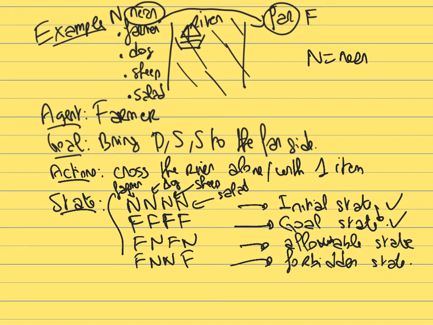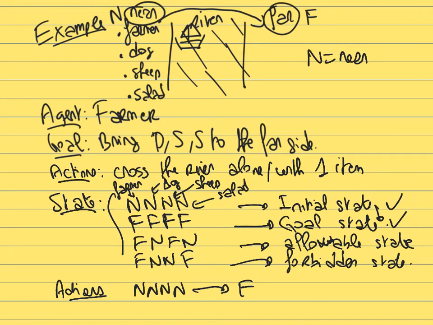And to go from one state to the next, you will take certain types of actions. So an example of a possible action would be, if you start with N, N, N, N, where everything is on the left side, one possible action is that the farmer is going to cross the river. So the N will turn into an F for the farmer.